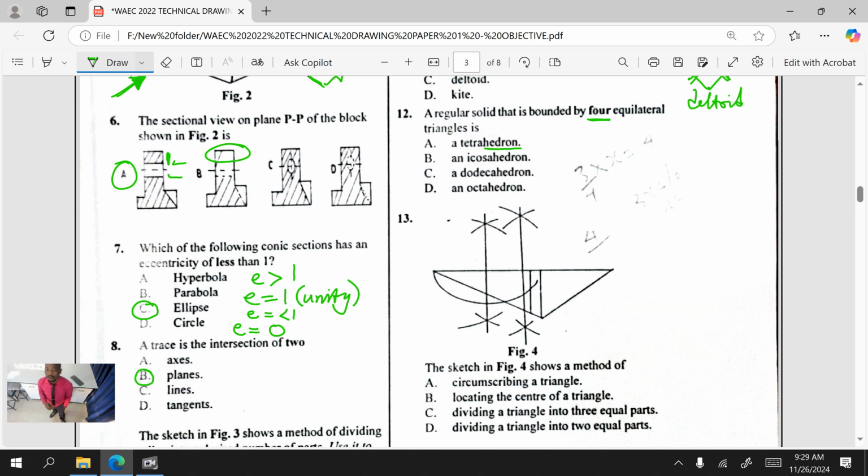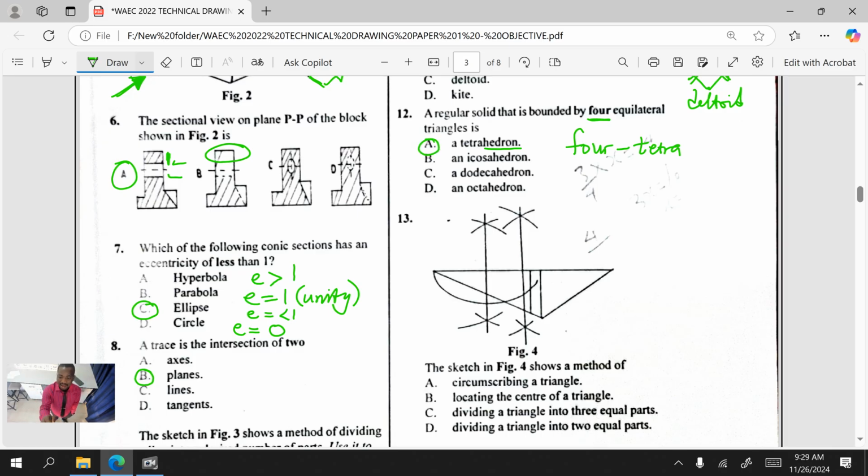So depending on the number of equal triangles that we have, that is what will determine the type of shape we are asking. So for this question, when we have 4, please take note, 4 is tetra. So the answer is A.